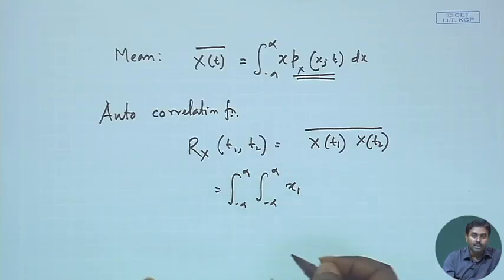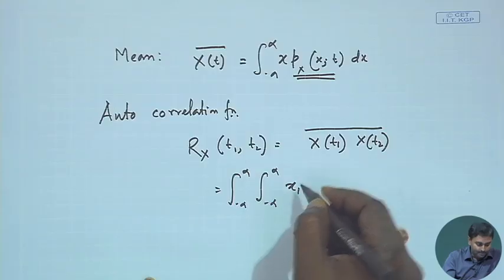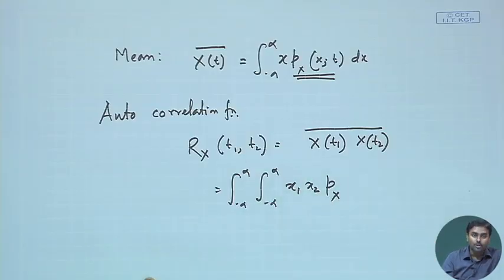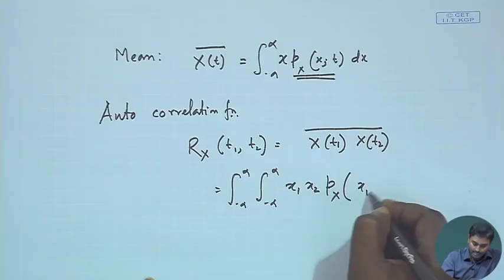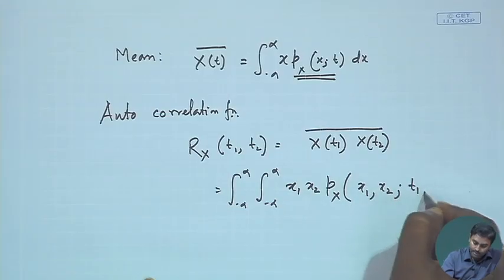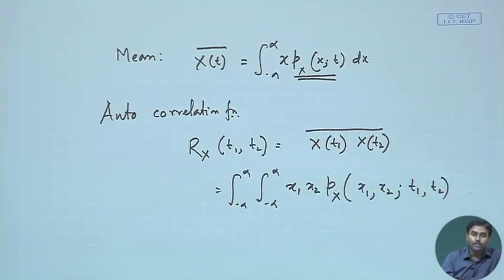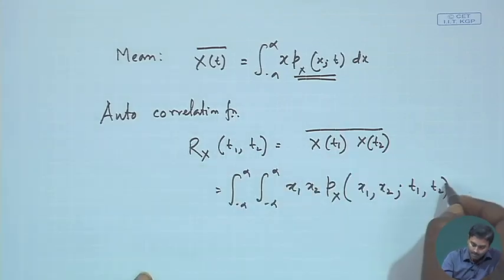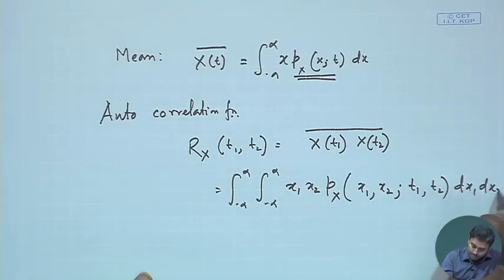Suppose I pick value x1 at T1 and x2 at T2, and then I need to get this joint distribution, which is the joint PDF of x1, x2 at T1 and T2. So, now I have to get, at 2 time instances, what is the joint distribution among them, okay, and dx1, dx2, right. This is all that I will have to do.